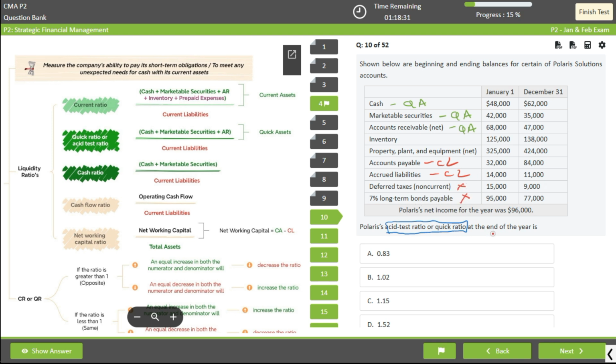They are asking for the end of the year, so the end of the year is December 31st. The current liabilities is 84,000 plus 11,000, which is 95,000. Now we have the quick assets: cash, marketable securities, and accounts receivable is 144,000.